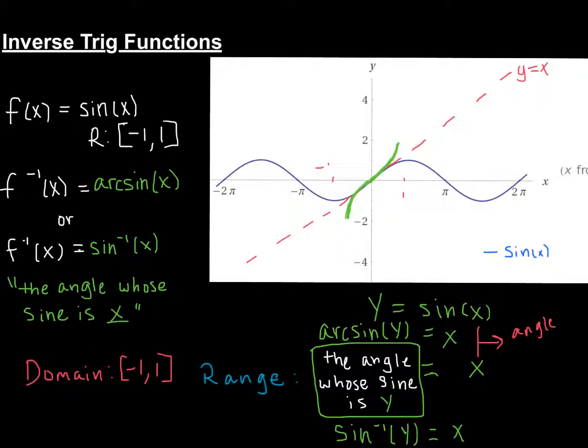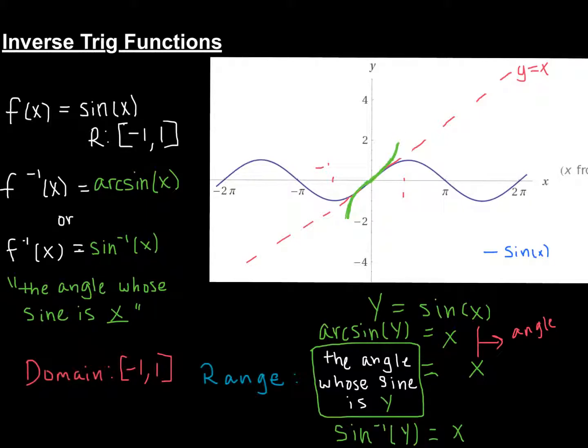And there we have in green the graph of the arc sine, or the inverse sine of x, the angle whose sine is x. And let's think about what this range is going to be. So if I input an x value of 1, the angle whose sine is 1, where is that first appearing? We can think about that this is pi over 2.